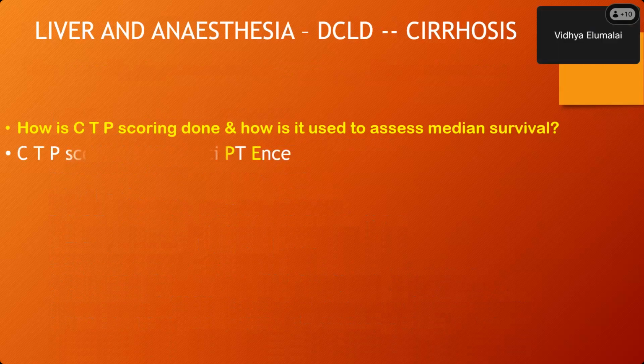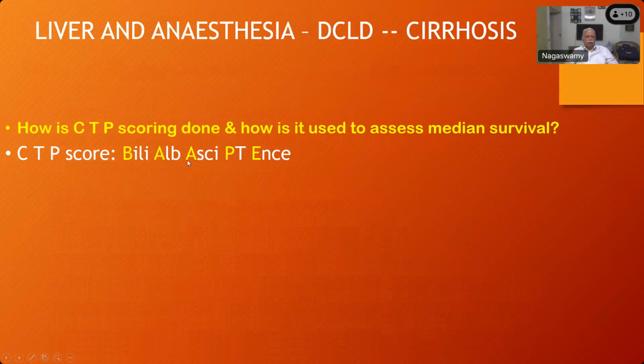Ascites, very good. So CTP score, you can say bilirubin, albumin, ascites, prothrombin time, encephalopathy. So if you take all the first letters, the mnemonic is BAAP. Okay. So earlier it was BAAN.